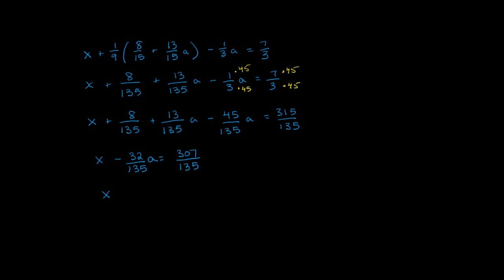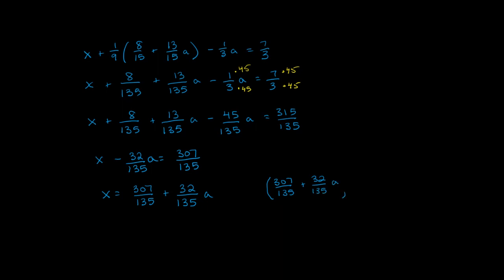So to solve for x, that's going to be x equals 307 over 135 plus 32 over 135a. So we put this in our final form with everything in terms of a to indicate that there are multiple answers.